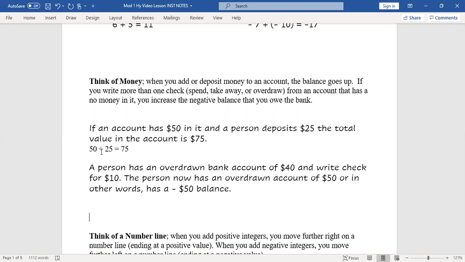You owe the bank money. So if it was overdrawn by $40, that would be a negative 40. And if I added another negative value, which is the act of writing a check, so that would be a negative 10, and I added those two together, that's going to give me a negative 50.